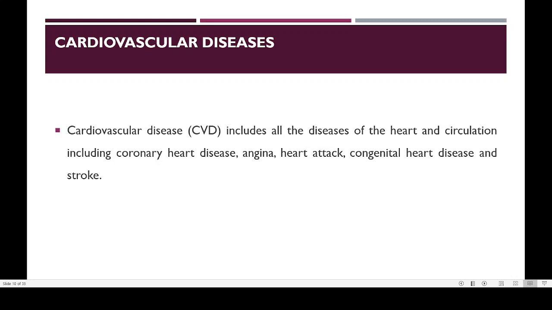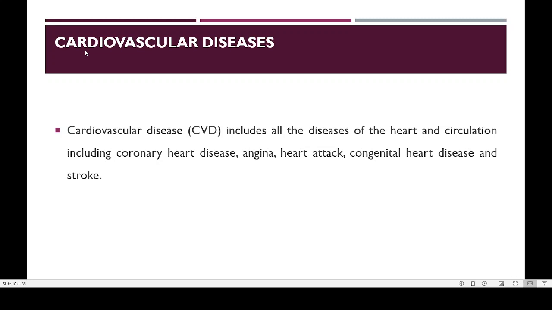What is next expected from your syllabus is an idea regarding the cardiovascular diseases. Now we have to study some of the major ones: jaundice we have to study, atherosclerosis is there, myocardial infarction is there, thrombus and stroke will be there. And one or two topics we will study now. So the cardiovascular disease basically includes disease of the heart.